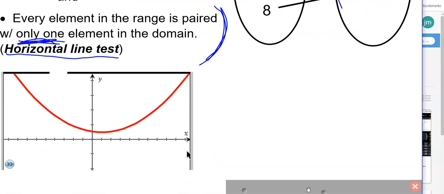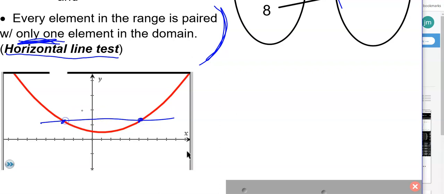Let's look at this one. It does pass the vertical line test. If you move that point along, it only crosses at one particular spot. But if you turn it and make it a horizontal line test, you're going to test it and it doesn't seem to work.